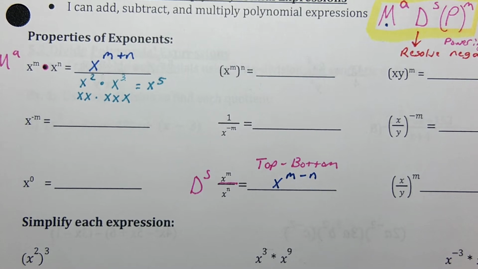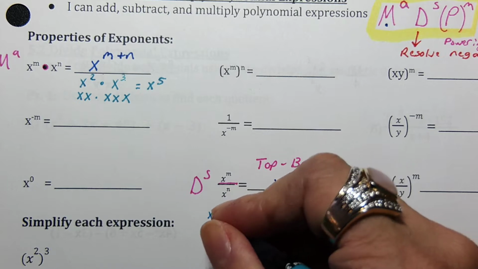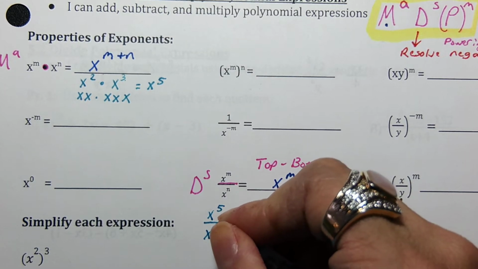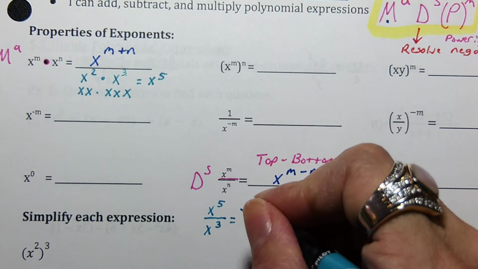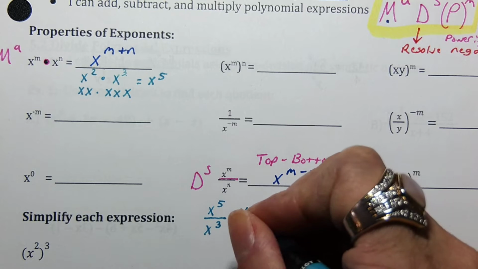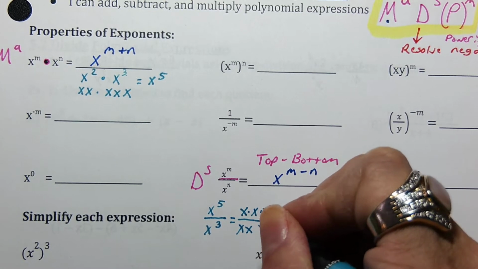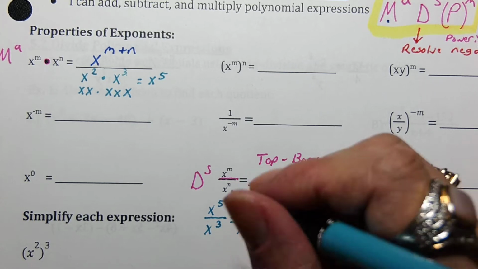So let's see what this one would look like with actual numbers. Let's say I've got x to the 5th over x to the 3rd. If I were to expand this out, I would have x times x times x times x times x over x times x times x. Now you may remember doing problems like this back in middle school where can I cancel out those x's? Yeah, because x divided by x is just 1.